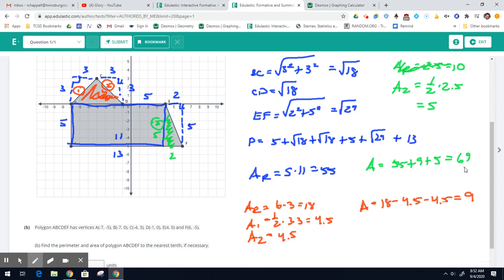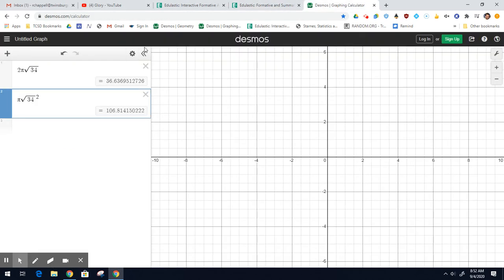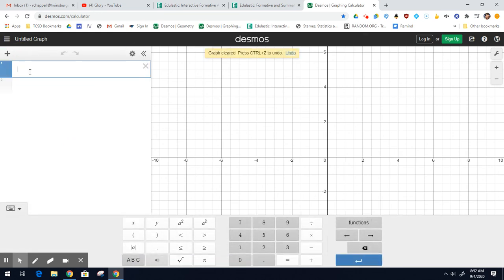I need to take a picture of this big long perimeter to find that. And I just did. Okay. So let's go for it. So the perimeter was 5 plus the square root of 18 plus the square root of 18 plus 5 plus the square root of 29 plus 13.